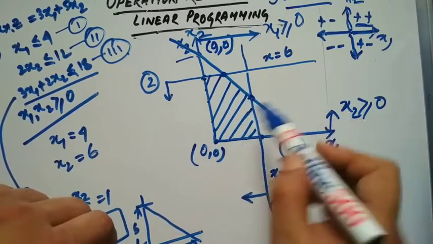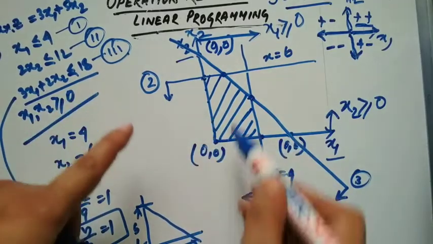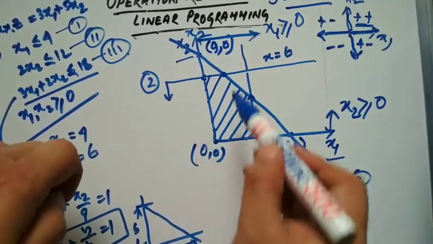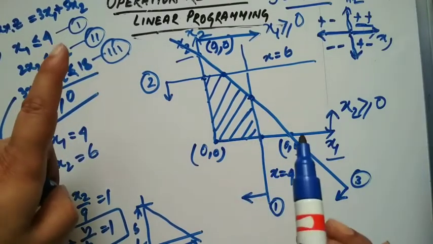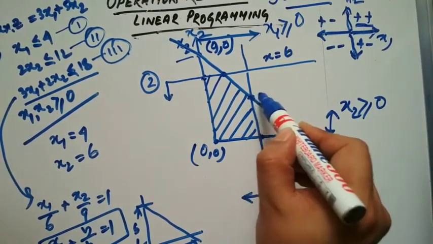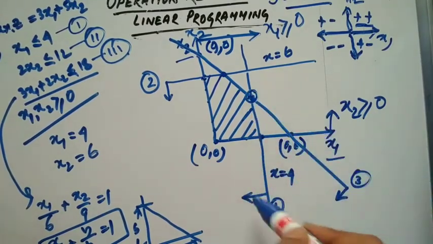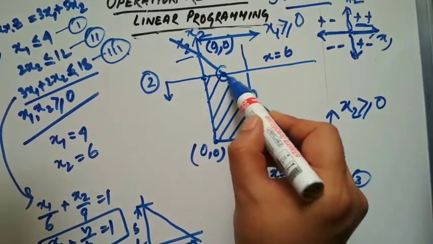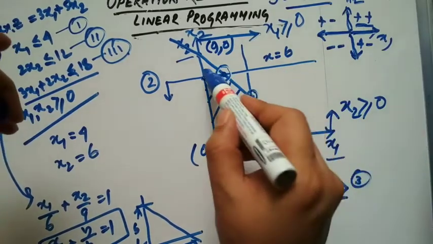You can see all directions, so this is the closed space and this is the feasible region for LPP. In order to find the feasible region, you have to see the directions of the straight lines, and then you construct these corner points.